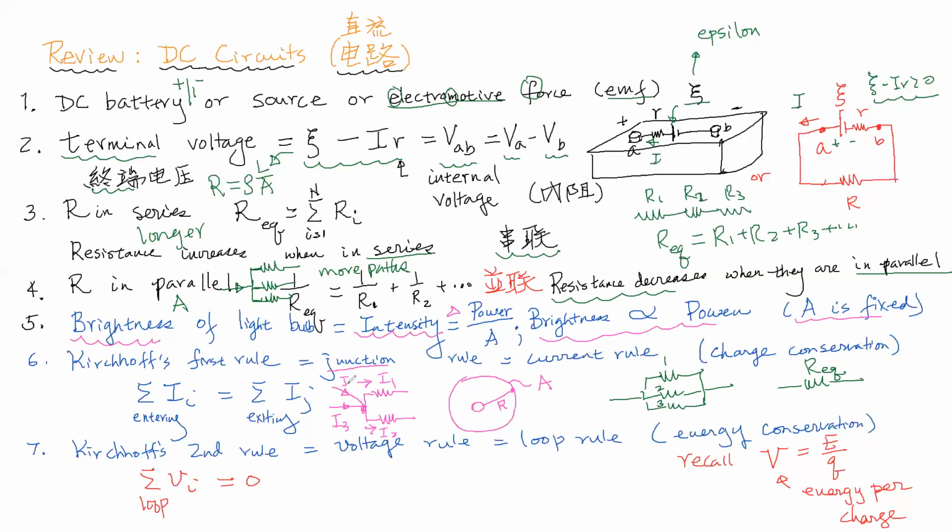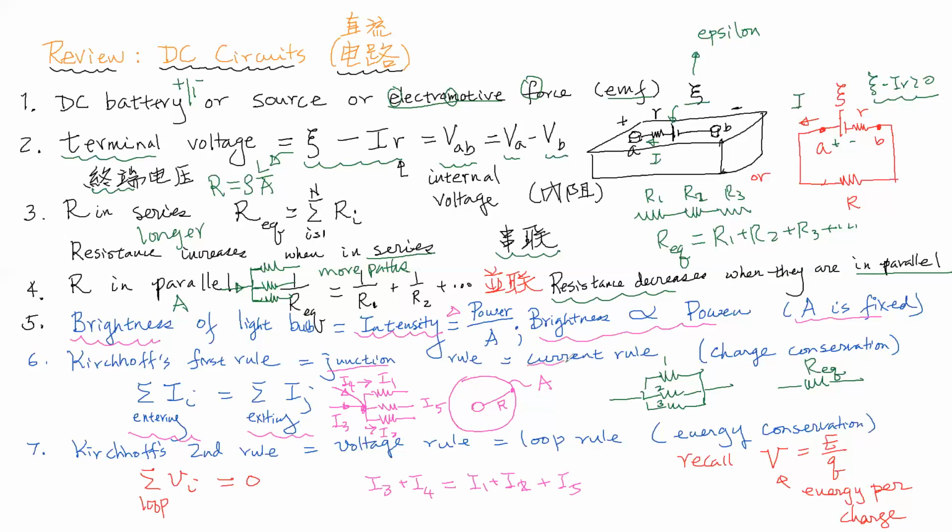Then the entering is I3 plus I4, so I3 plus I4 will be equal to the exiting sum, I1 plus I2. You can add another one too, I5. So entering sum equals exiting sum.